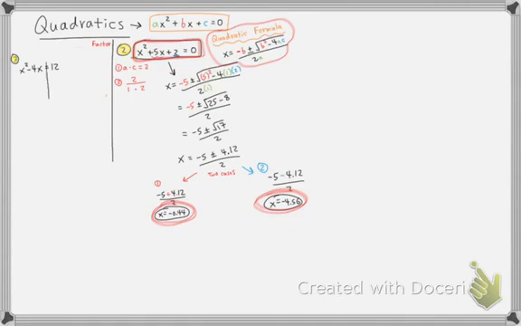So the first thing you have to do is move that 12 to the other side, leaving you with x squared minus 4x minus 12. If you do not move this term to the same side as the other terms, you are going to get the wrong answer using the formula, okay?